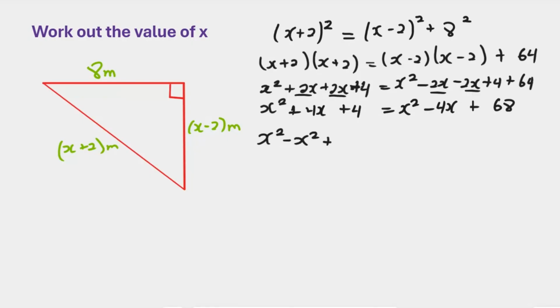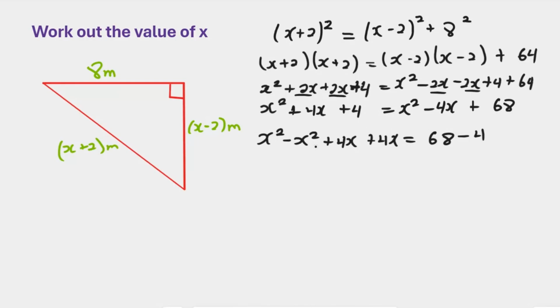Now we have plus 4x. We have to take negative 4x to this side, and that's going to be plus 4x. So we are going to reverse the sign after bringing it to this side. So we're going to get 68, and I have to take 4 to this side too. It's going to be minus 4.